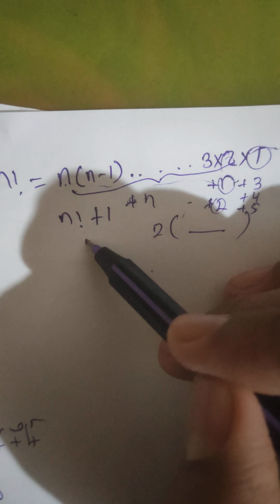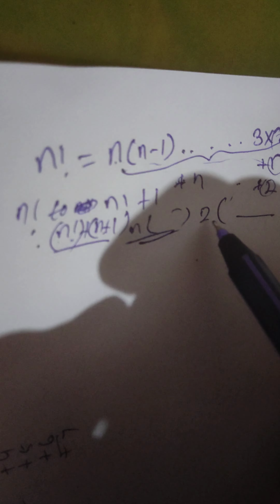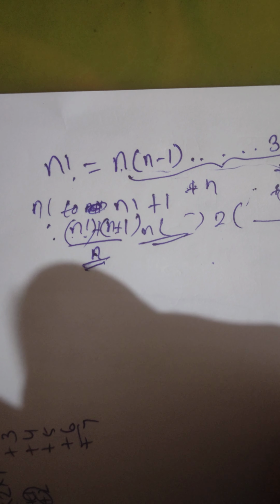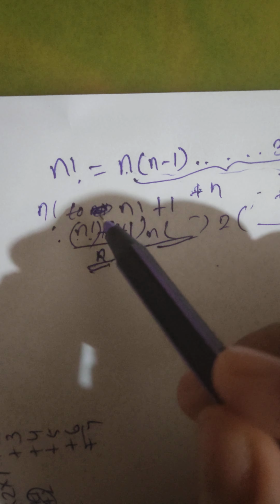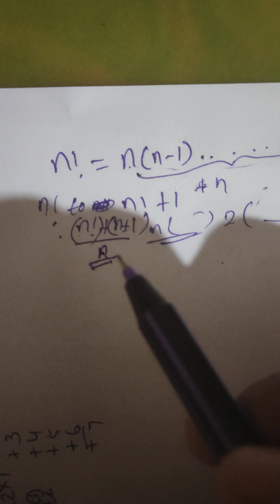So from n factorial plus 1 to n factorial plus n, between these two numbers, we are getting n consecutive composite numbers, right?